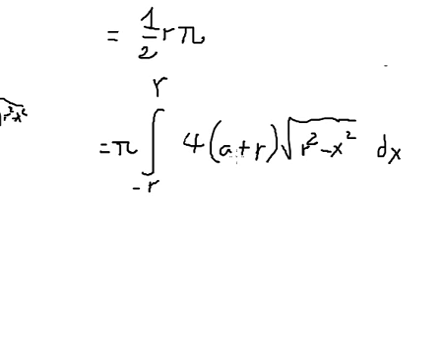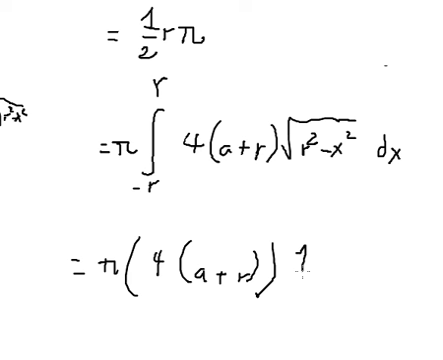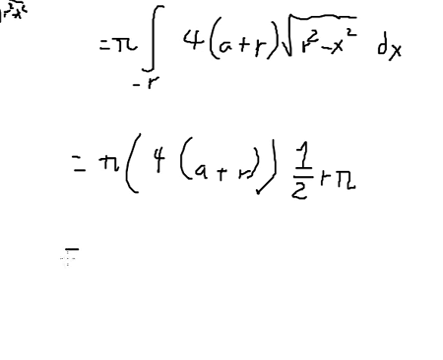So the integration of this one, we have 4 times A plus R, and pi and R are constants. Now we can simplify like this.